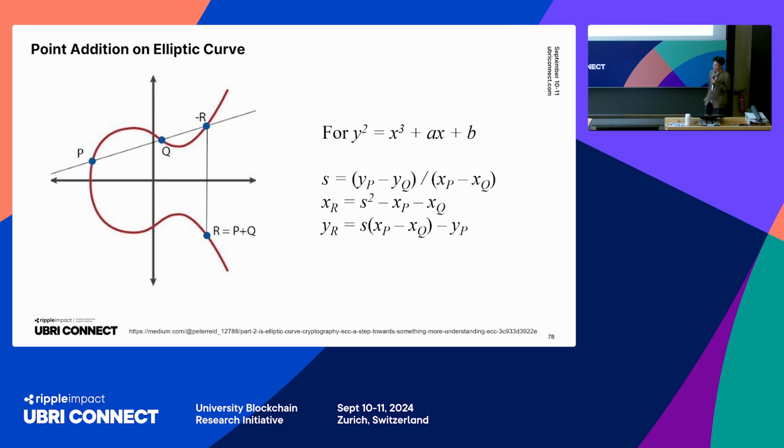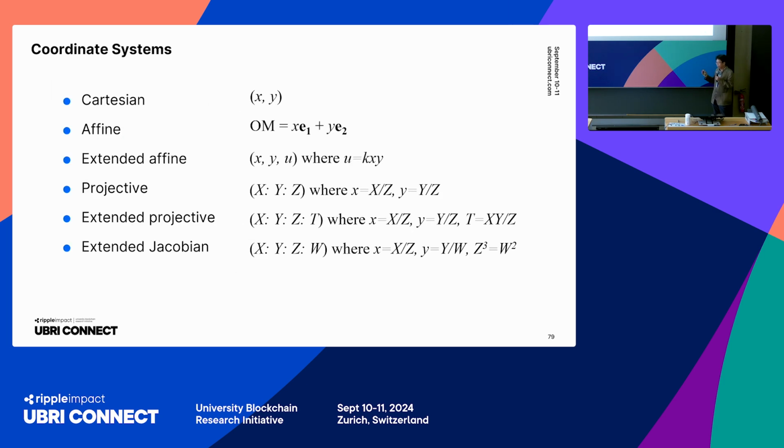And this is the point addition on an elliptic curve. You can see that we have some expensive operators like division and also multiplication. So instead of doing the division operation every time we work on the points, we can change the coordinate system. There are some known different types of coordinate systems.